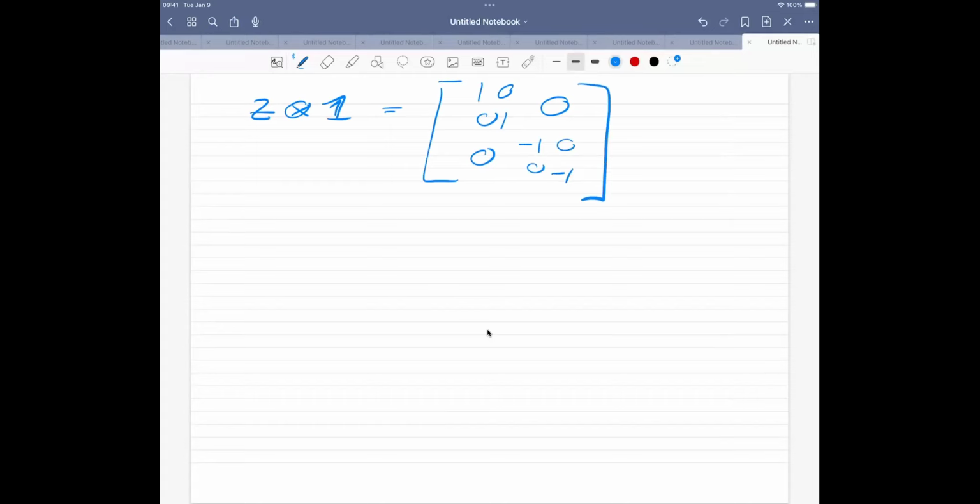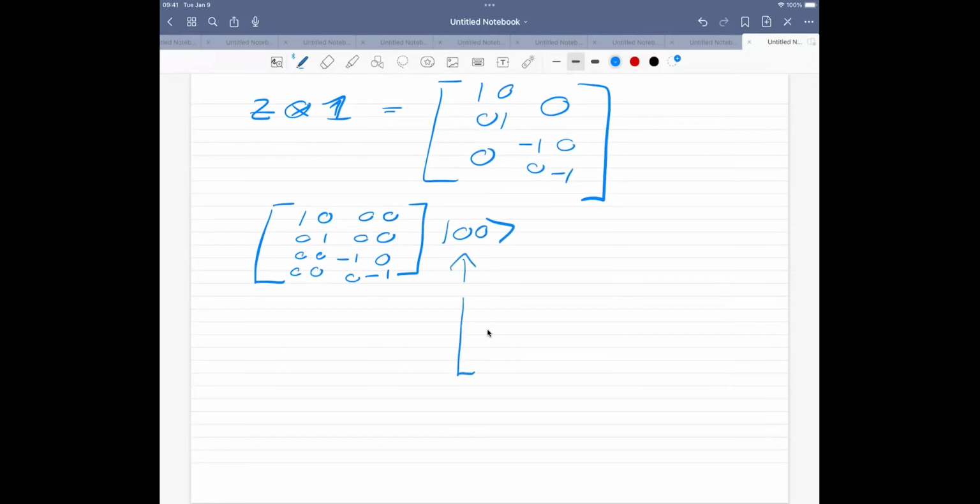If I act with this one on my, so let's do that. -1, 0, 0, -1. If I act on this one with the 0, 0 state, where that state is nothing but this vector, 1, 0, 0, 0. This gives me +1, 0, 0. So this acts on the first qubit, okay?